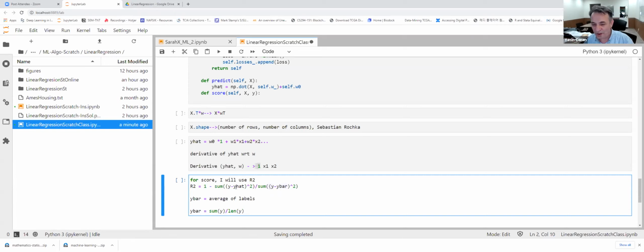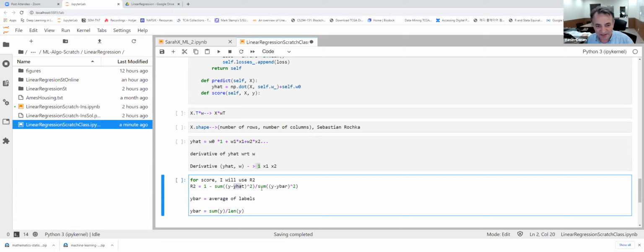If your prediction is totally equal to y, that means your prediction is 100% successful, and your R squared is going to be 1. If your prediction is worse than the average price, then your R squared is going to be negative according to this definition. Again, if your prediction is equal to y, you are predicting the price perfectly, and your R squared will be 1 because y minus y hat will be 0.